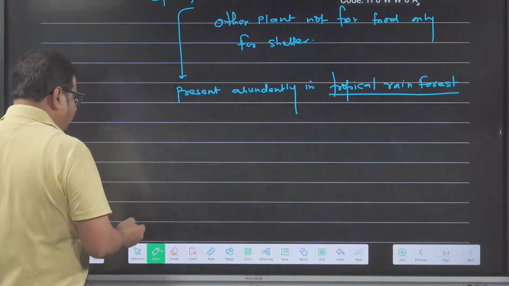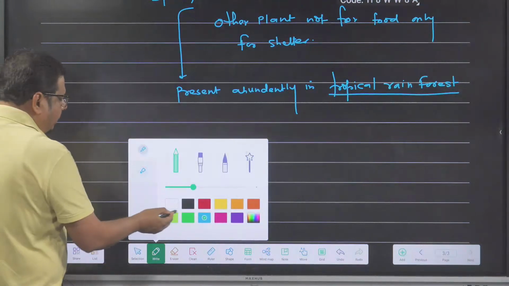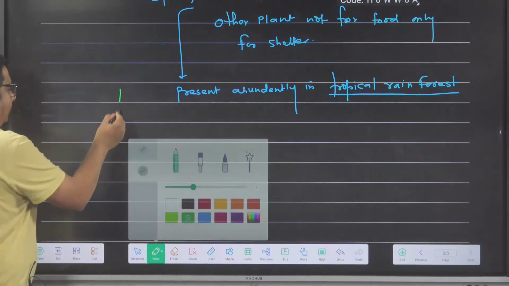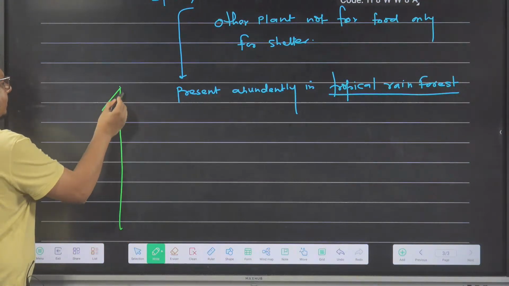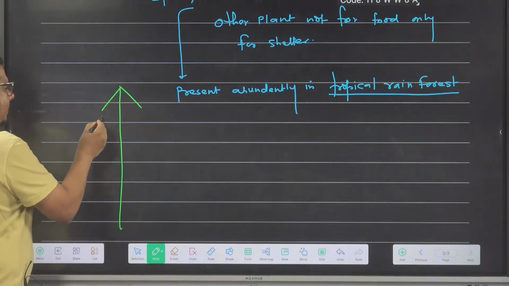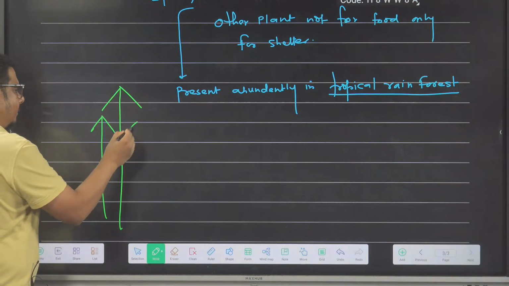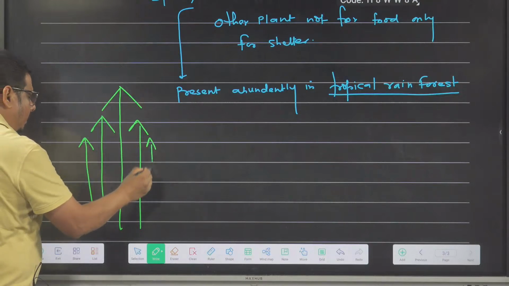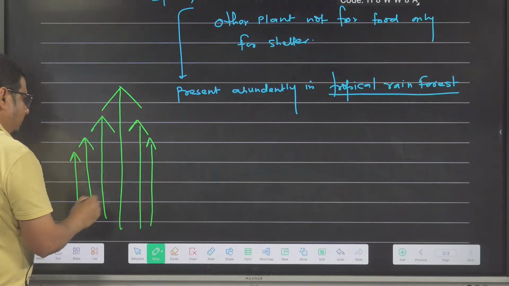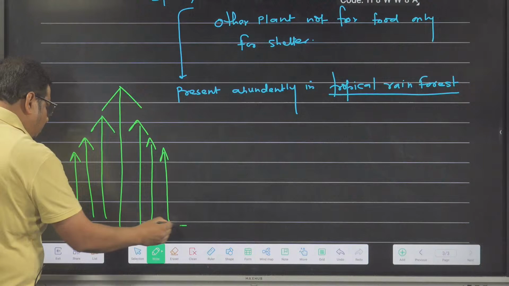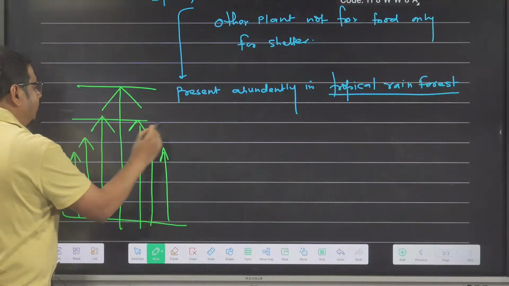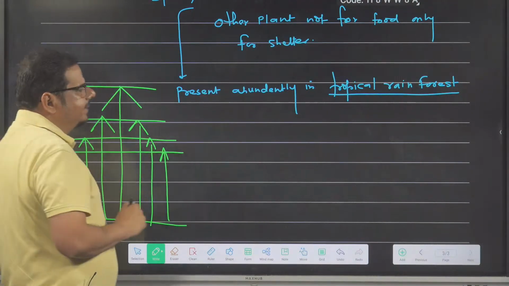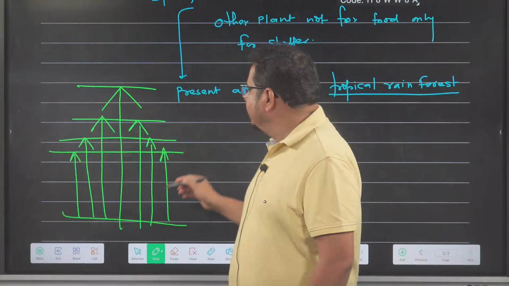Because in tropical rainforest, forests have a stratification. Many layers of forest plants are there. Some plants are of this height, some of this height, some of this height. So plants are present in many layers. So it is called what? Stratification. That is present in tropical rainforest.